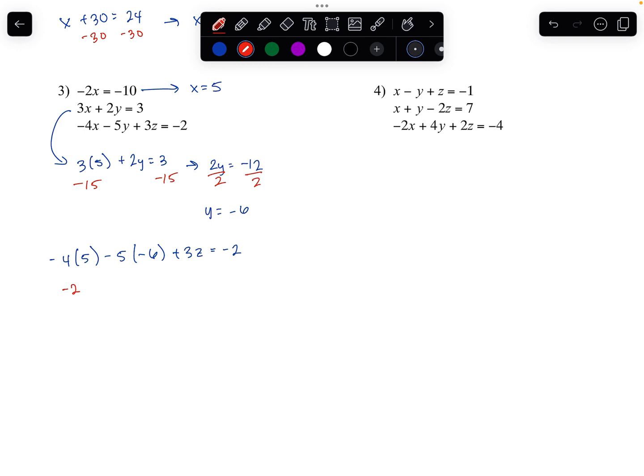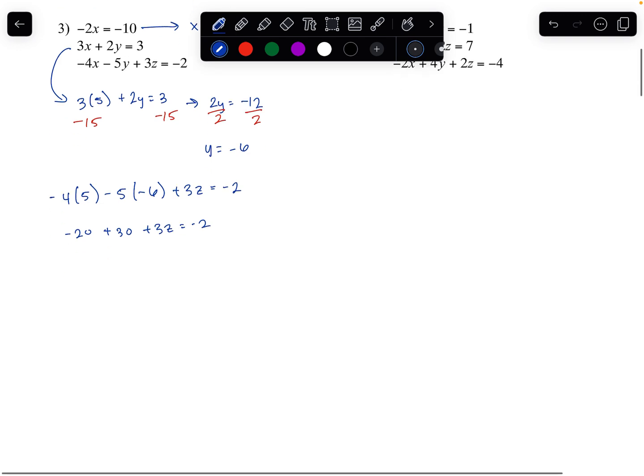This is negative 20 when you multiply negative 4 and 5. That's going to become plus 30 when you multiply negative 6 and negative 5, plus 3z equal to negative 2. And that means that this right here is going to be 10 plus 3z is equal to negative 2.